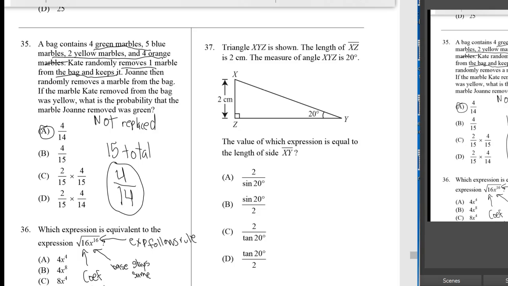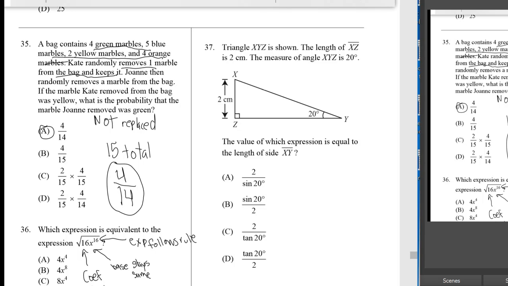Number 37 is going to be hard to explain. I'll give it a shot, but there's a lot of background knowledge that you require for this, so I'll try my best to explain it so you guys understand.